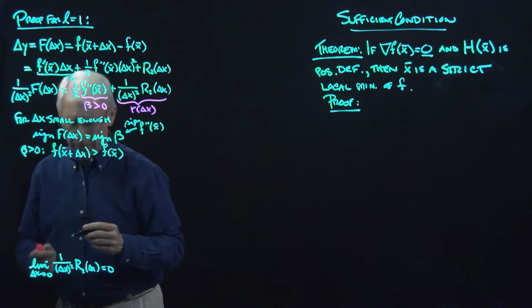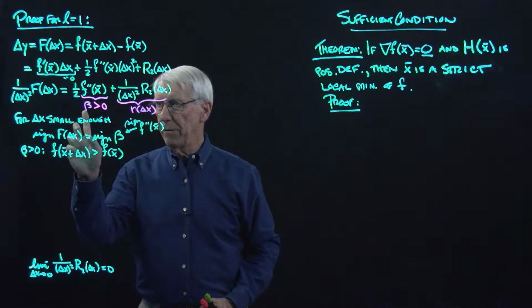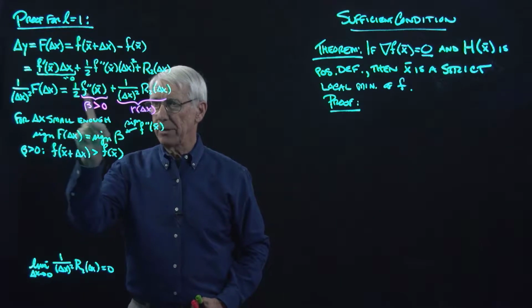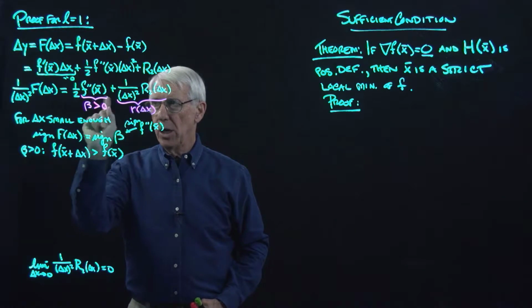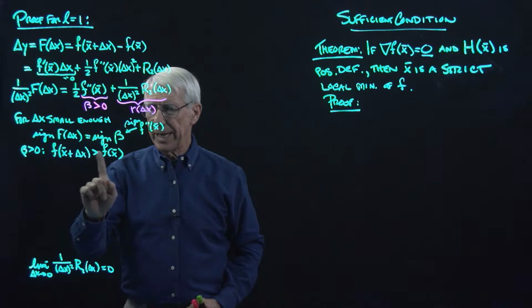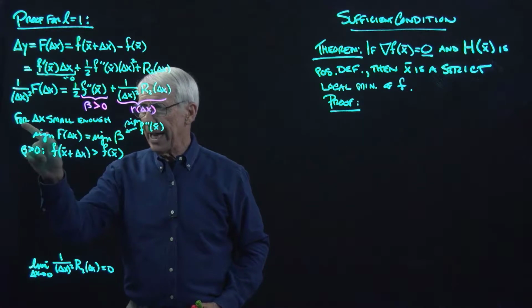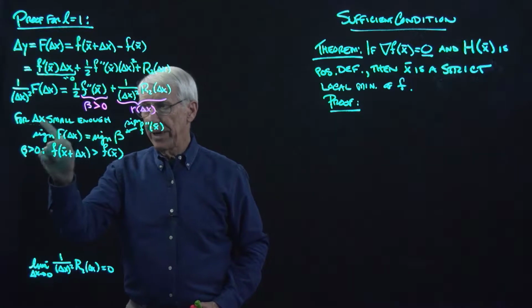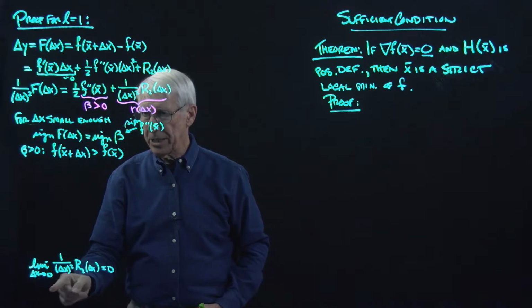Strictly larger, because the sign of this is strictly positive. Beta is positive, this gets smaller than beta. So the sign of this is strictly positive. So f of x bar plus delta x is larger than f of x bar for every delta x small enough, for every delta x in some neighborhood of 0, just as it says down here.